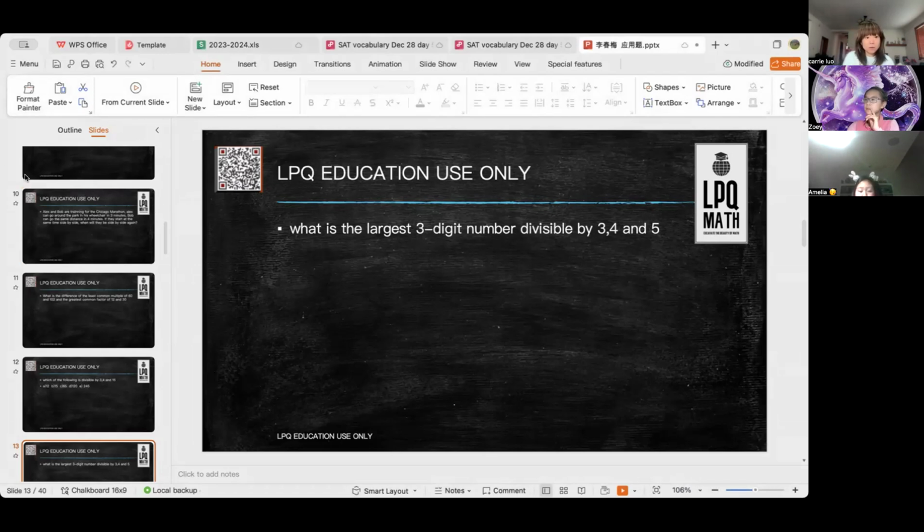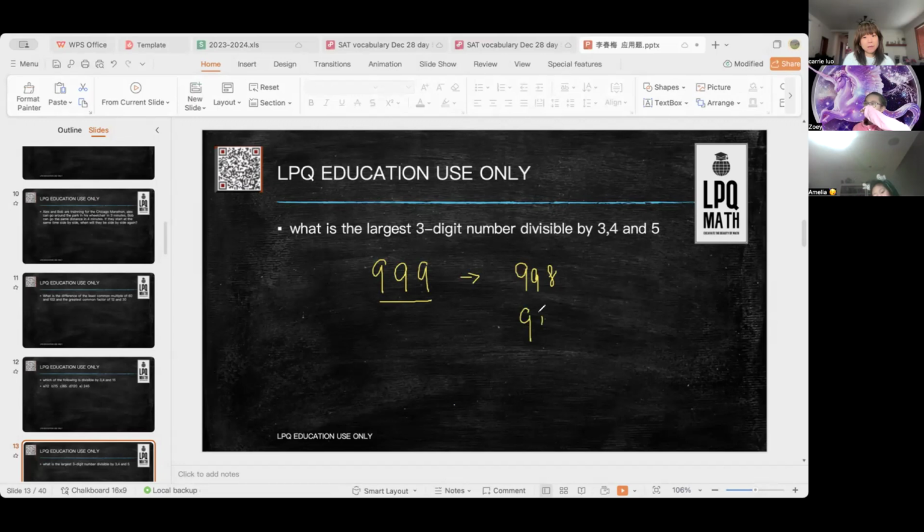Okay, so it is 999, correct? So we can see, is 999 divisible by 3, by 4, or by 5? 999 must be divisible by 3 for sure. But this one cannot be divisible by 4. So 998 can be divisible by 4, right?